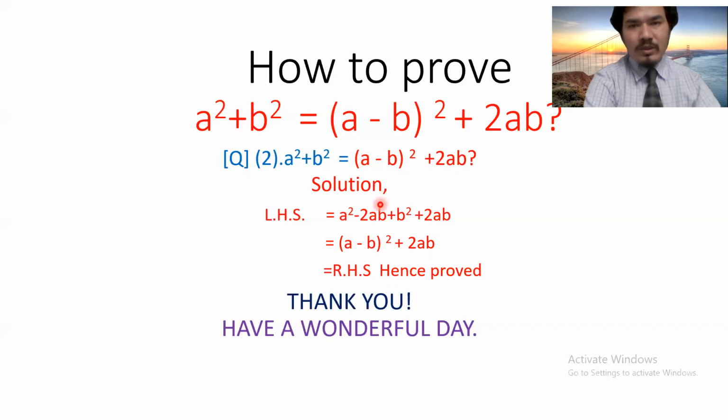We subtracted 2ab first and added 2ab, this 2ab and this 2ab cancel, and the result is the same as the left hand side. Like this we bring a square plus b square equals a minus b whole square plus 2ab. These are the steps we have to follow to prove it.